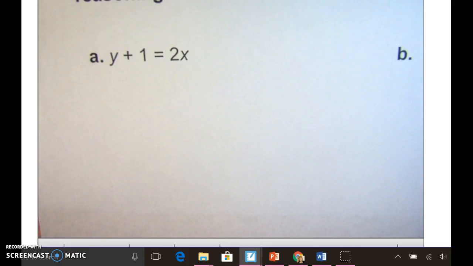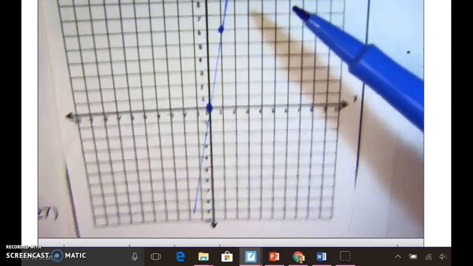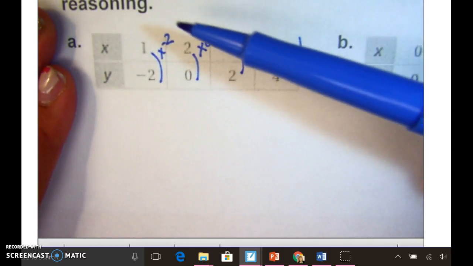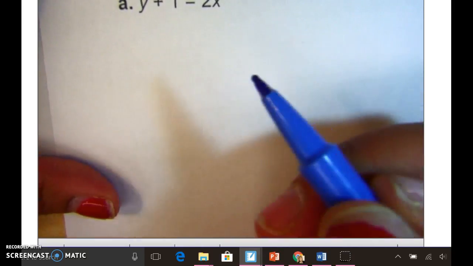You can also tell if you have a direct variation by looking at an equation. You can look at a graph and see that it goes through the origin, like we did in our first example. You can look at a table and see if you're doing the same thing each time to x to get the y. And you can look at an equation. And you can just put in values for x and see what y would equal.